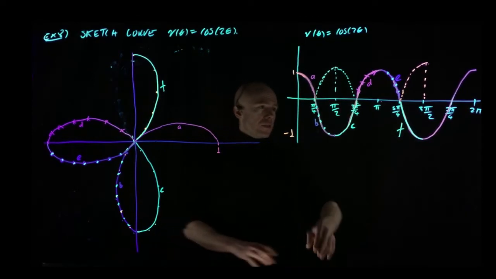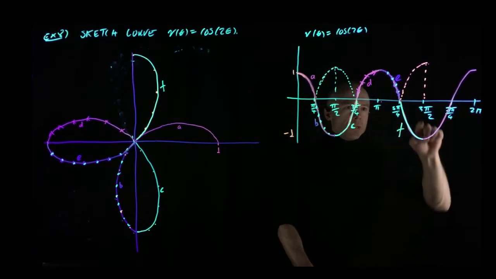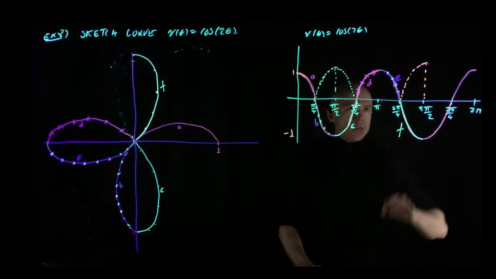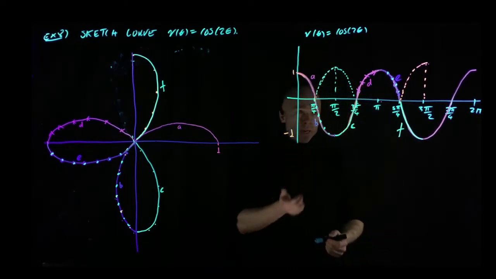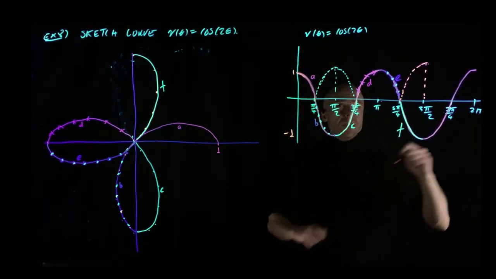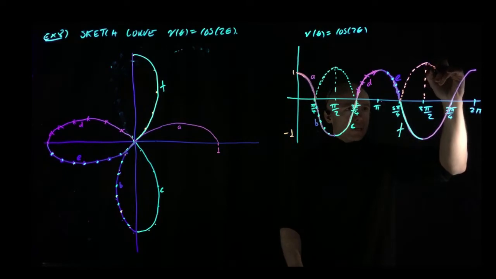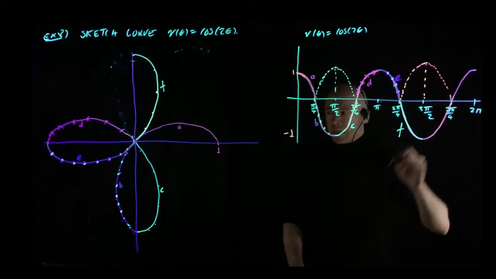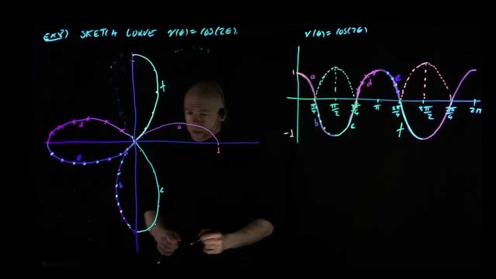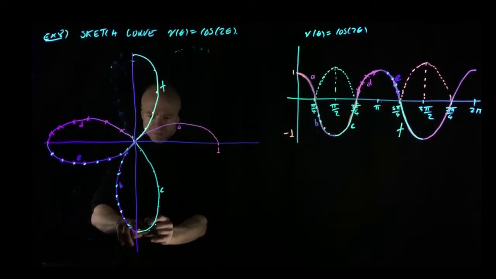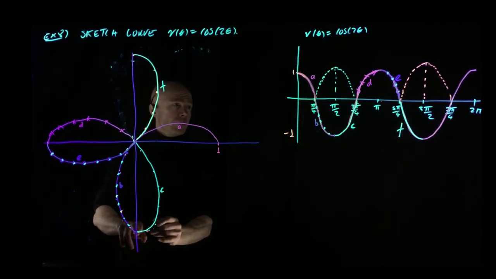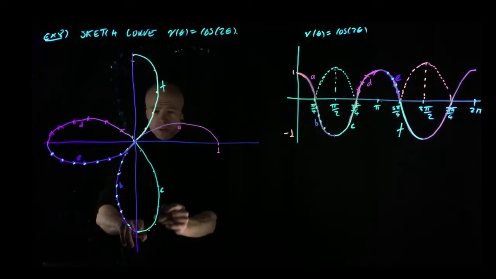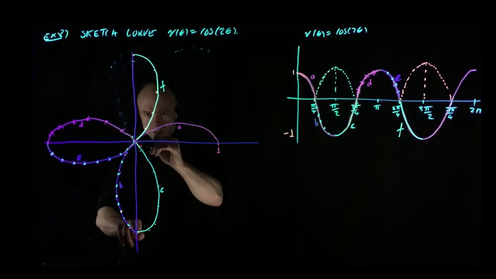Okay, we're not done. So now we do from 3 pi over 2 to 7 pi over 4. Okay, again, we've got negative radii to worry about. Let's first think about the absolute value. The absolute value would be like this, right? So the absolute value would go from 1 down to 0. So where are we? So this is 3 pi over 4, right, over here, and down to 7 pi over 4, which is this angle right here.